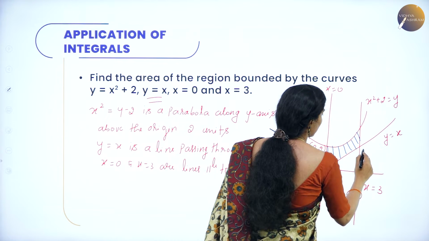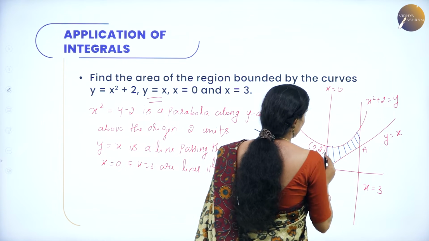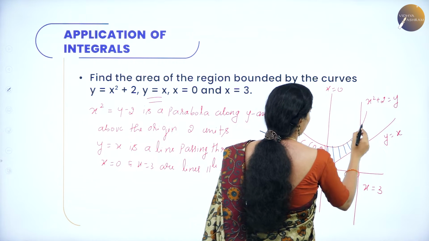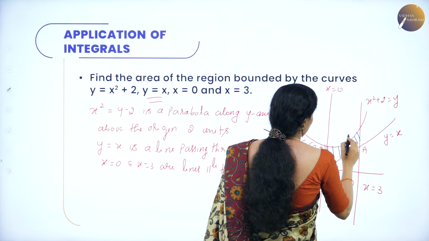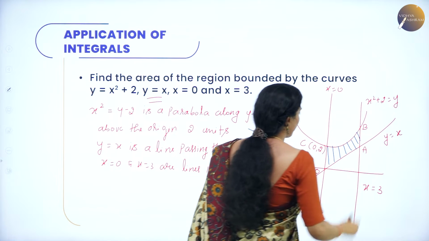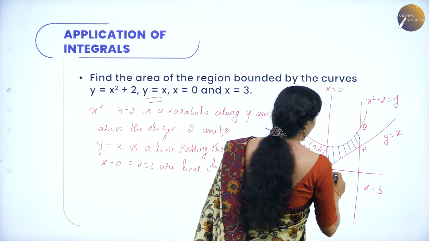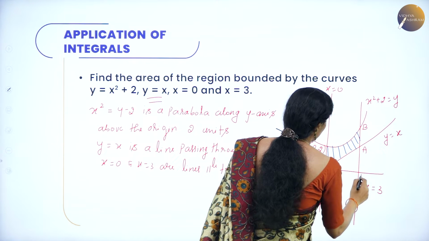O, A, you can have this as C, and then this is B. You can take this point as D, right?